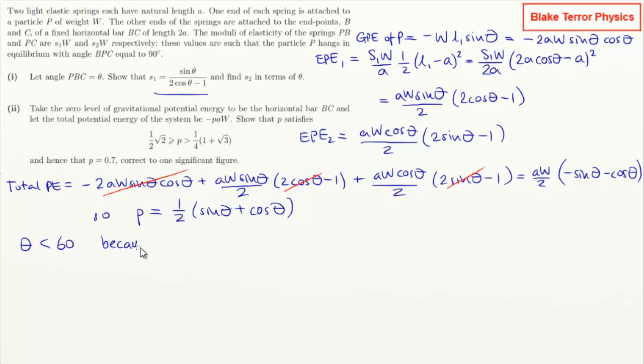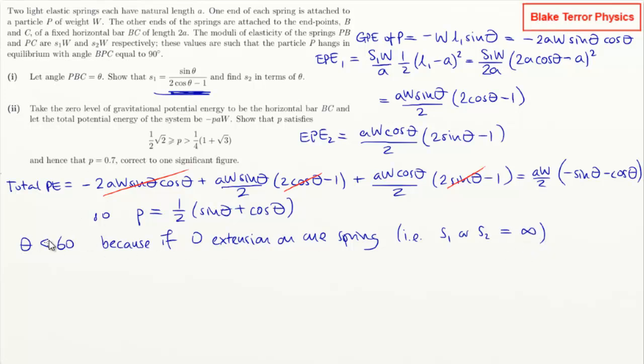Because if there's zero extension on one spring, actually that's going to be what we've got here as well, isn't it? Yeah, you're going to see we're going to get that infinite S1. So, i.e., S1 or S2 equals infinity.